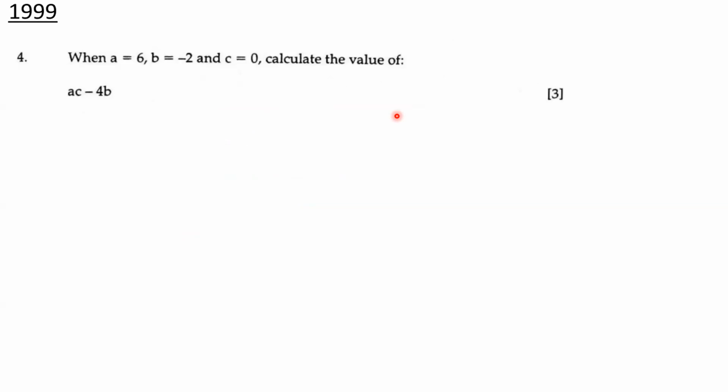Here we have, when A is equal to 6, B is equal to -2, and C is equal to 0, calculate the value of AC minus 4B. This is a substitution question, so wherever we see A, we're going to put 6. Wherever we see B, we're going to put -2. And wherever we see C, we're going to put 0. And so we have AC minus 4B.